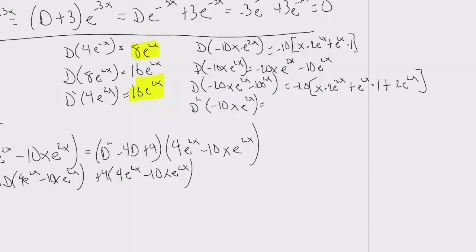Okay, so that part I can get rid of. That piece is all times negative 20, and then minus 20e to the 2x. Now let's clean this up: that's minus 40x e to the 2x minus 20e to the 2x minus 20e to the 2x.